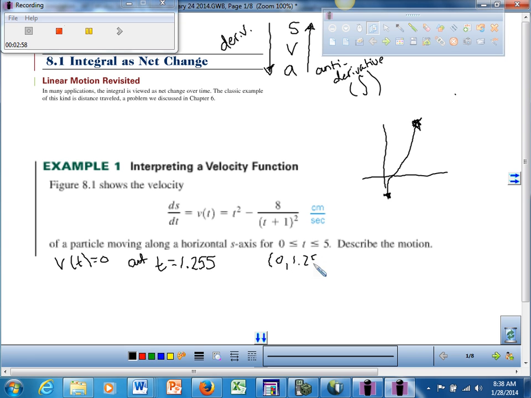So from 0 to 1.25, the particle is moving left, because velocity is negative. And then from time 1.25 to 5, the particle is moving to the right.